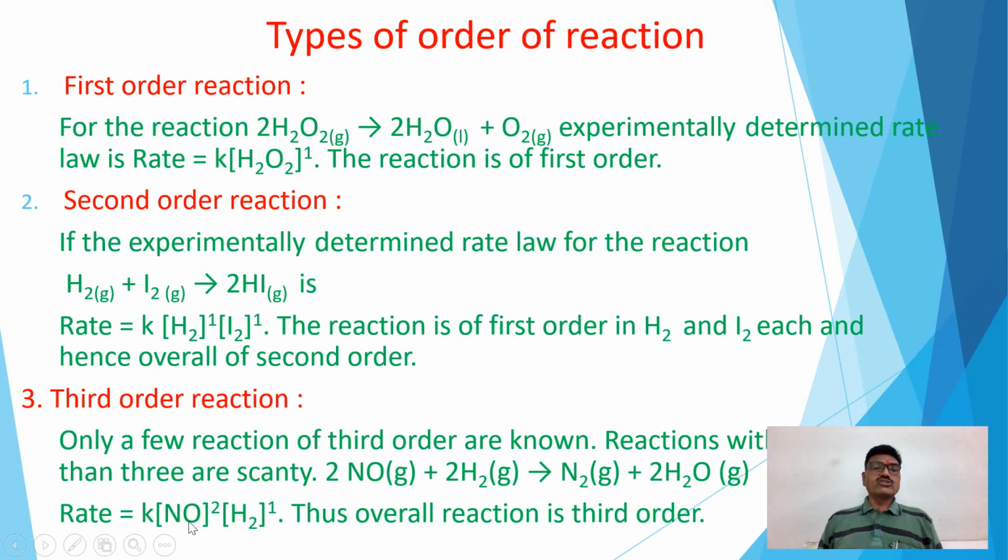Rate is equal to the molar concentration of NO raised to power 2 into the molar concentration of H2 raised to power 1. So how the rate depends on this concentration, and how it depends on this concentration term, is like this. That's why the overall order is the sum of the powers of the concentration terms, which is equal to 3, and so the order of reaction here is 3.